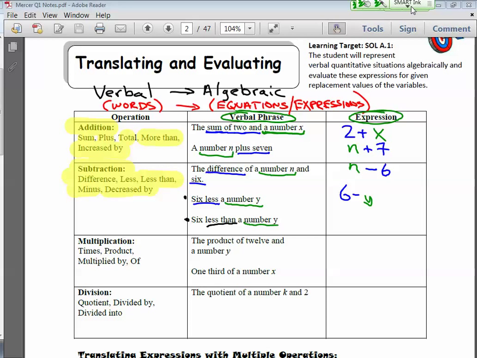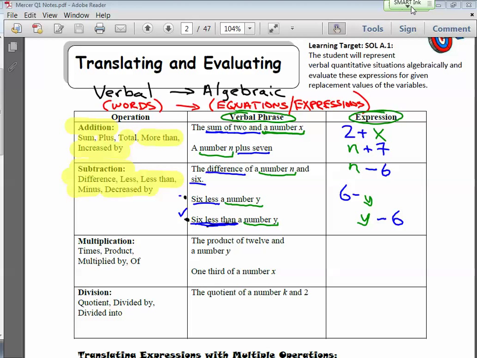Again, I start with a number y, but this time it's saying 6 less than a number y. So 6 less than y means I need to start with y and subtract 6 from it. This is the more common version, but everybody always gets that confused with this other version right here. So make sure you understand the difference there.